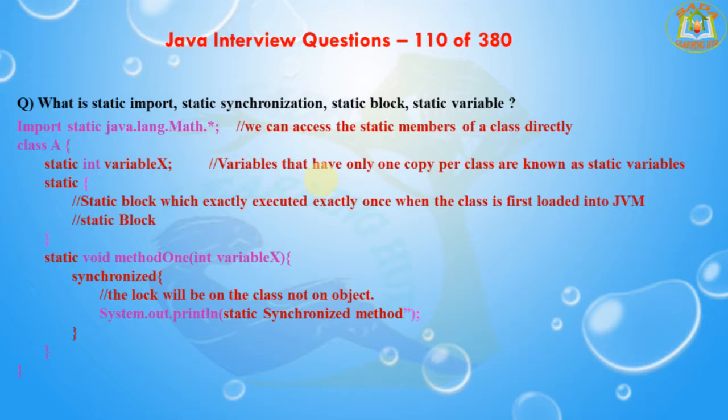What about the static variable? Variables that have only one copy per class are known as static variables. They are not attached to a particular instance of the class but rather belong to the class as a whole.